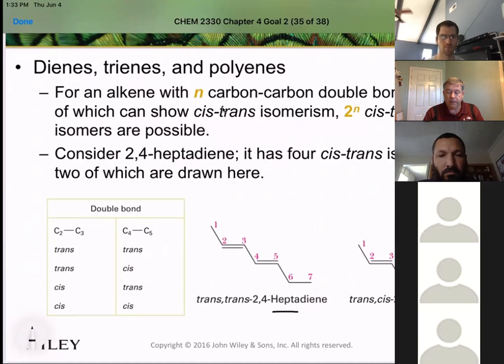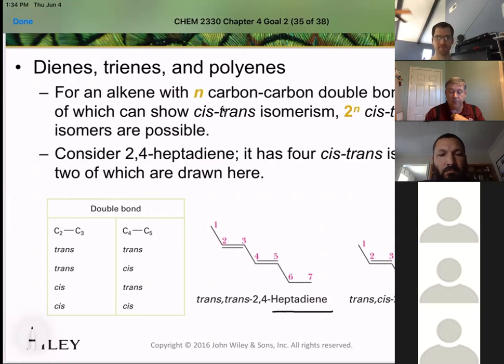Okay, so on this right here, we only have 7 carbons, so it's heptene. Okay, but we have 2 double bonds. So we're going to stick that idea that we have that second double bond in between the hept and the ene. So it's heptadiene, because we have 2. If we have 3 of them in there, it'd be heptatriene. Okay, but we still have to identify where those double bonds start.